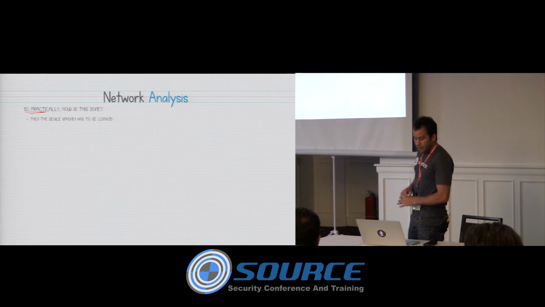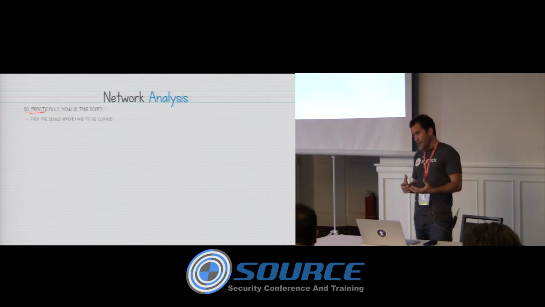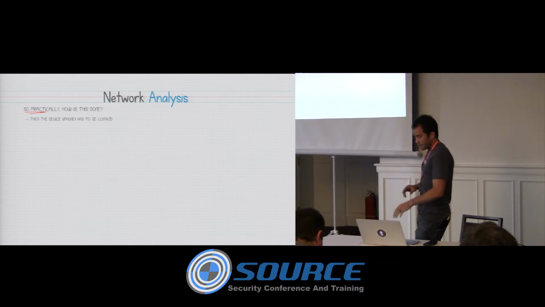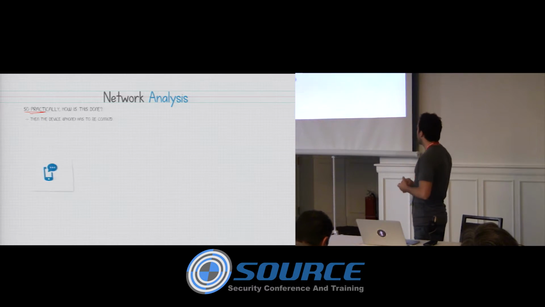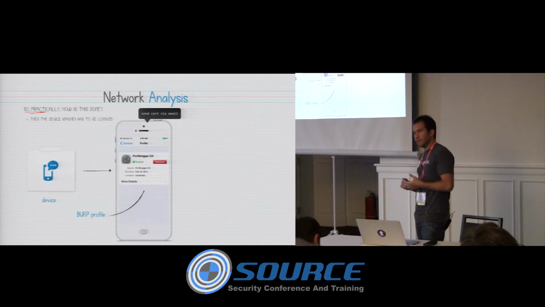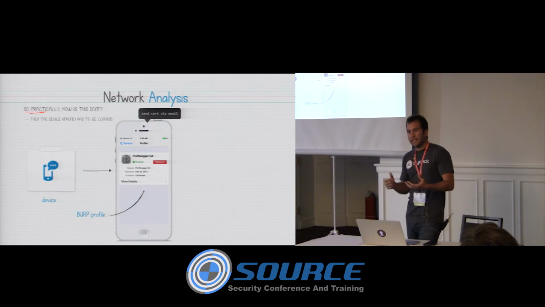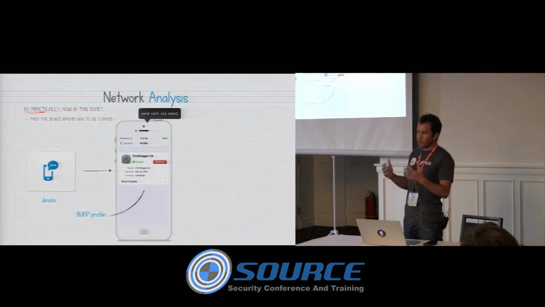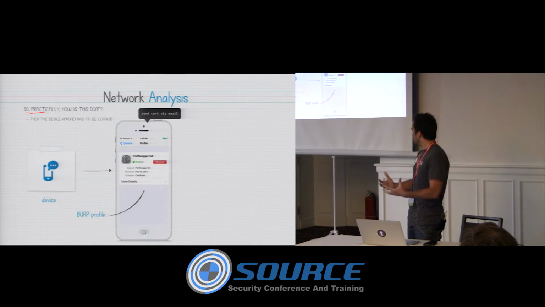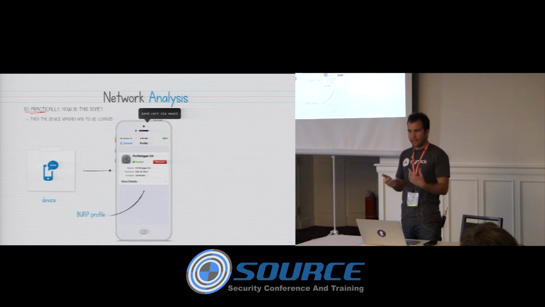Once you have the proxy set up, you can configure the device. And there's two main steps for this. The first is to install the proxy's SSL certificate, or self-signed certificate, on the actual device. This is needed because iOS doesn't trust self-signed certificates by default, so what you have to do is install the proxy certificate into the trust chain on the device so that SSL connections won't be broken.